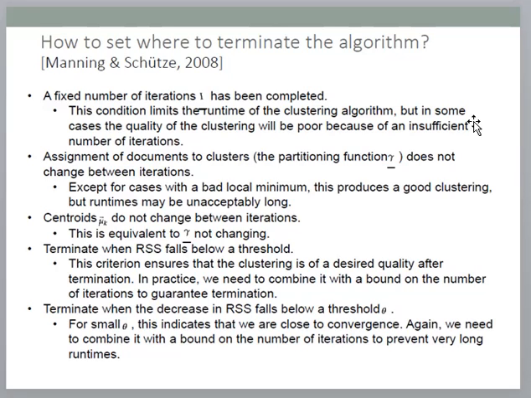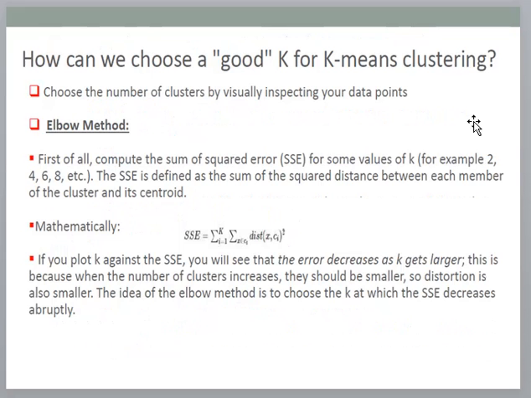But we need to combine it with a bound on the number of iterations to prevent very long runtime. So if we want to prevent very long runtimes, then the suggestion is to have an outer loop which is counting the number of iterations. So these are the 5 main terminating criteria or conditions which we can set on the basis of our dataset and problem domain, and one or a couple of these criteria can work very well for our problem.